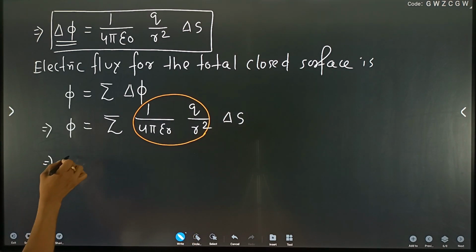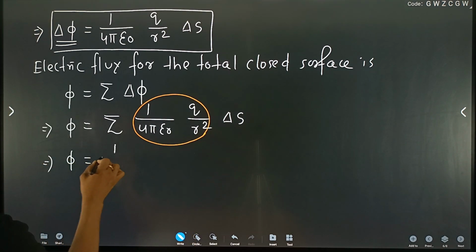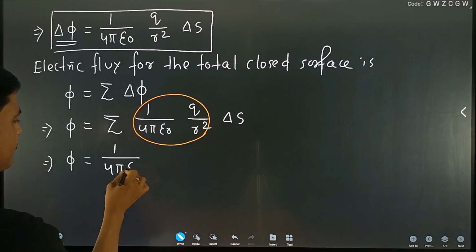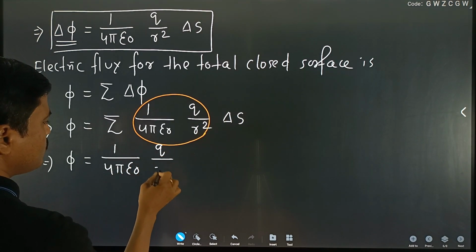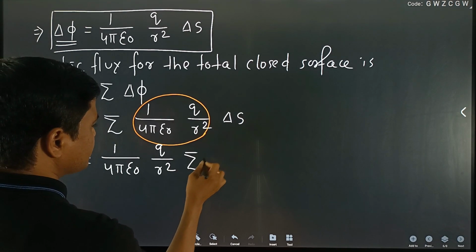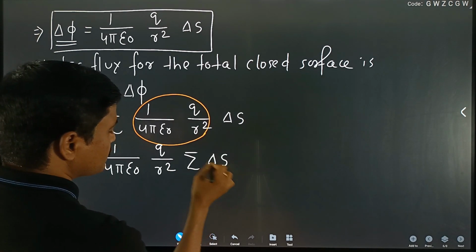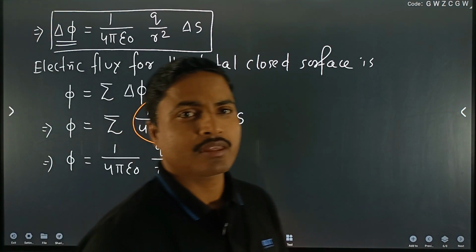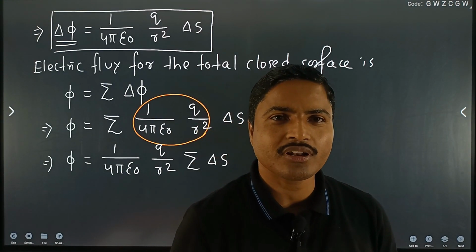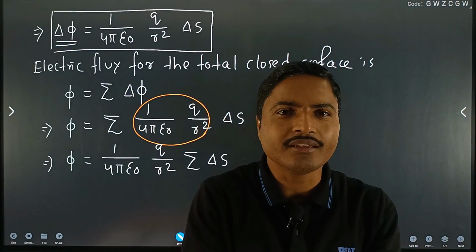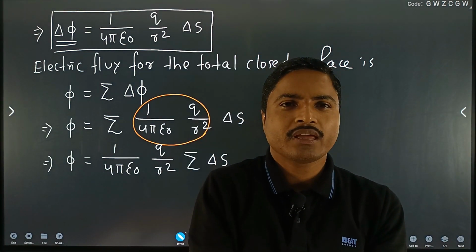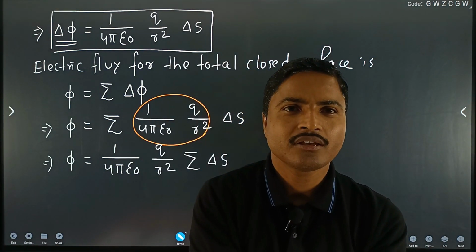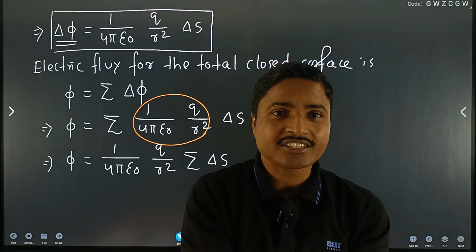That implies phi is equal to 1 divided by 4 pi epsilon 0 Q by R square summation of all the small area elements combined, that is the whole closed surface. Whole closed surface means that is the spherical surface.